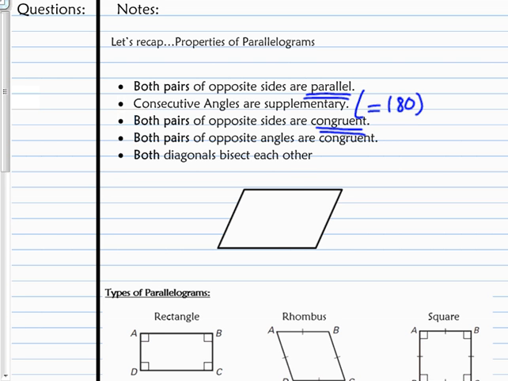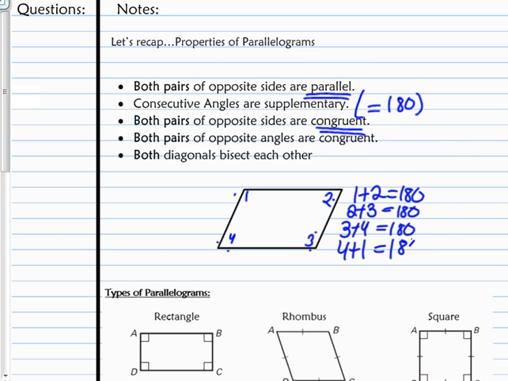So parallel sides are marked with the arrows, so that side is parallel to that side, and the left is parallel to the right. Okay, that's parallel. The consecutive angles are supplementary, so angle 1, 2, 3, 4. 1 and 2 equal 180, or 2 and 3 together make 180, or 3 and 4 together make 180, or 4 and 1 together make 180.